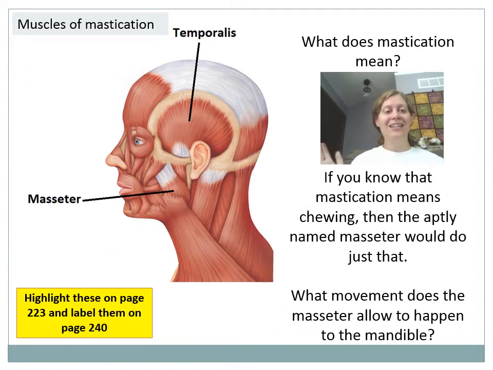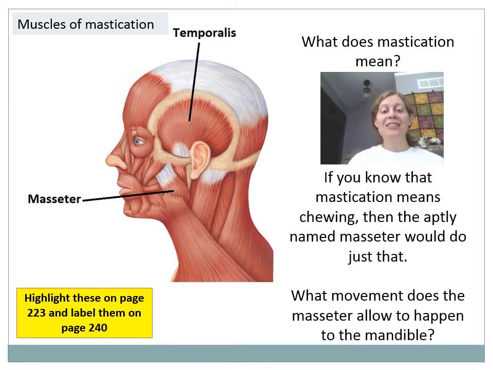All right, still on muscles of mastication here. So what does mastication mean? Get your minds out of the gutter. It doesn't mean anything dirty at all. So mastication is just doing this. It's chewing. So mastication means chewing. So when you masticate, you chew.